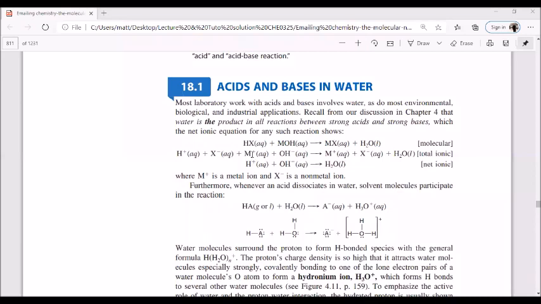X minus and M plus, because at the reactant they are aqueous and in the product they remain aqueous. So therefore we cancel the spectator ions and we get the net ionic equation: H plus aqueous plus OH minus forms water. So this is basically the idea of the reaction between strong acid and strong base, which produces water.